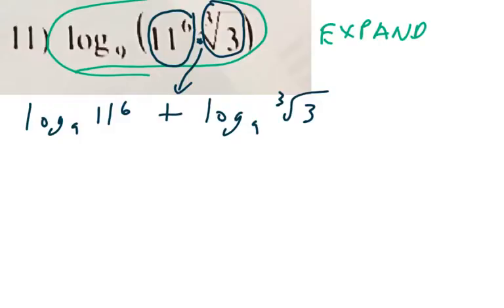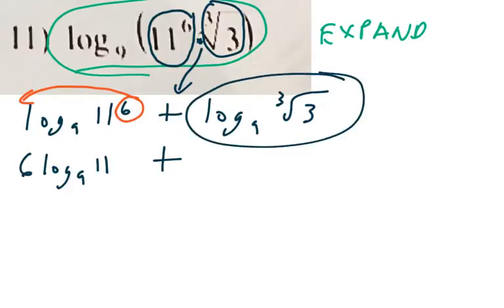Okay? Now what? Well, we have a 6th power here, don't we? A 6th power, if you bring it down, becomes a multiply. So I know I now have 6 times the log base 9 of 11. Plus, now what about this over here?